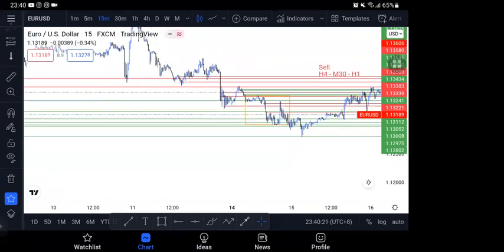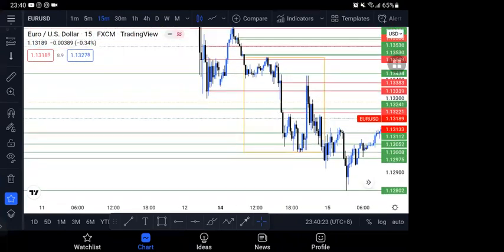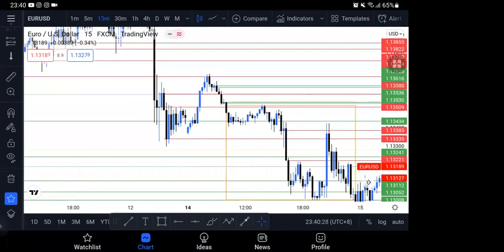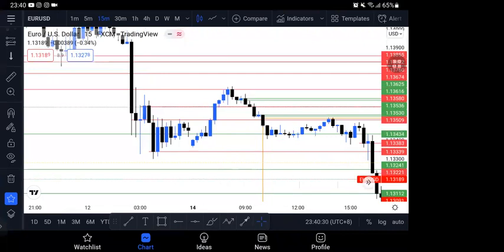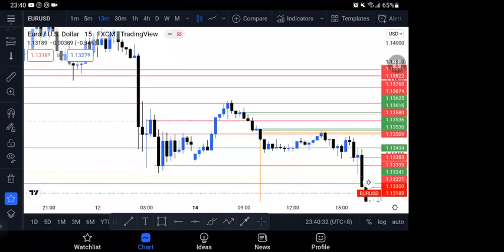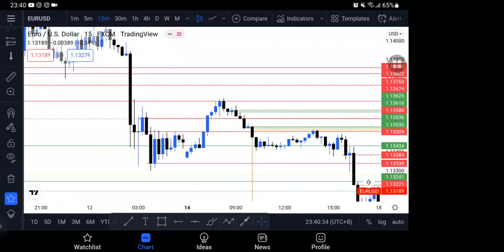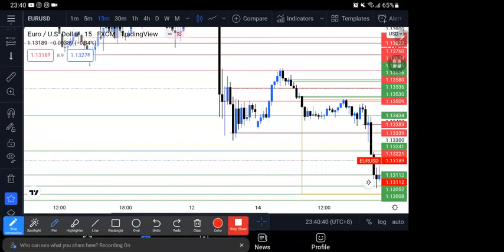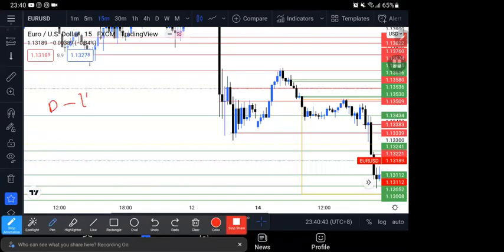Okay, for the buy setup, remember what I've been telling you. So, the buy from daily, H1, H4. It drops down, going to be H1, M15, M30.